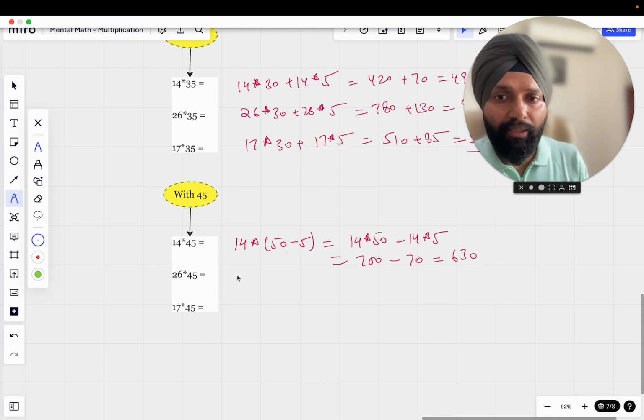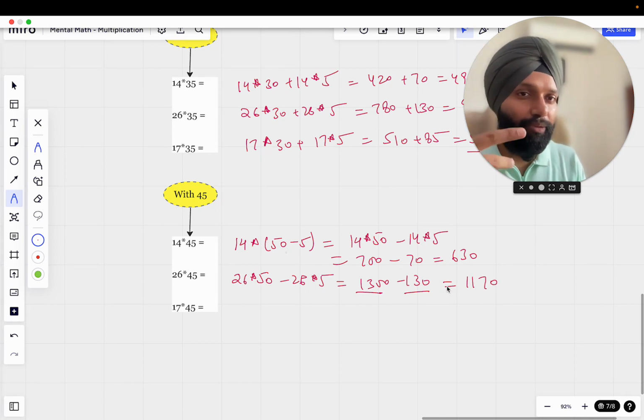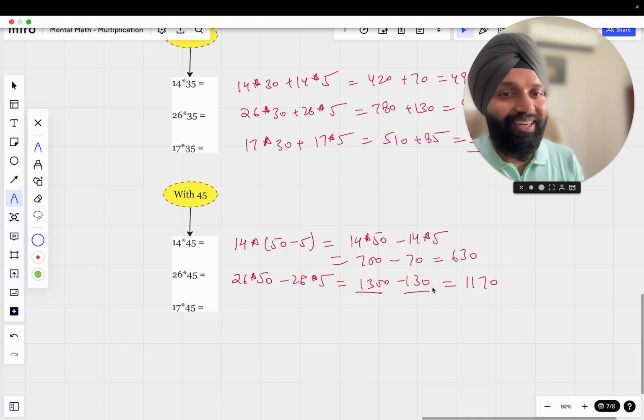Similarly, you can think of 26 into 50 minus 26 into 5, so that becomes 1300 minus 130. So this I'll do in a repeated way. Repeated way means 1300 minus 100, which is 1200. 1200 minus 30 is 1170. Okay, so you'll get to know how to subtract numbers in the video on mental math, doing subtraction.